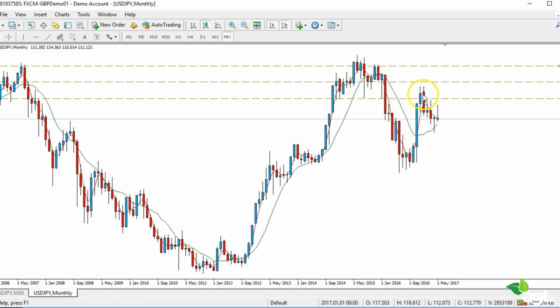Price pulled back up to this zone at the end of 2016 and reversed from the zone and is now making its way down. We don't know what it's going to do next, but what we do now understand is what's happening on the monthly charts. This gives us a context to understand what's happening with our trades.